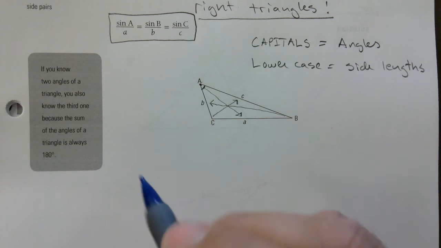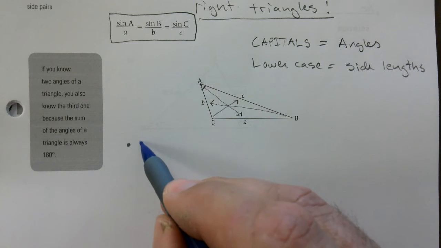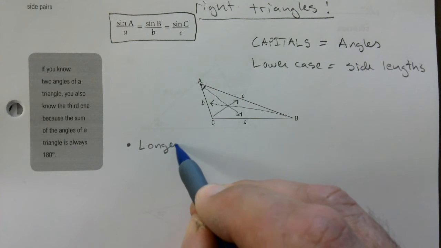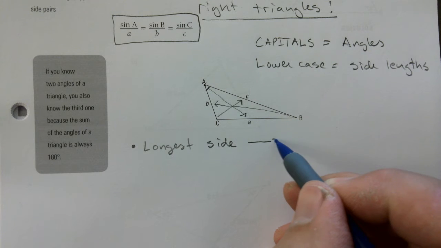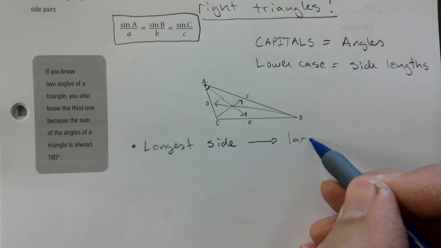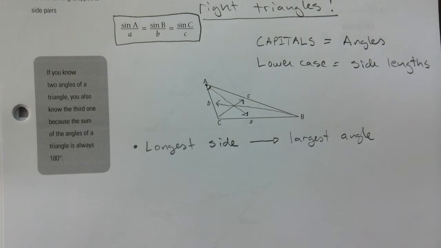I will also tell you this. The longest side in a triangle will always be across the largest angle. In a right triangle, the 90-degree angle was always the biggest angle in your triangle. And what's the side length that was across from it? It was always the hypotenuse, correct? It was always the longest side.